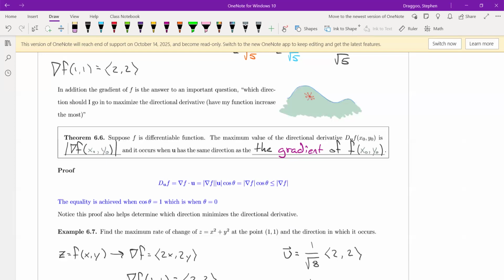And then if I'm attempting to maximize this value, I want cosine of theta to be equal to 1 because that's its maximum value, which means the angle between my direction and my gradient would be 0 radians or 0 degrees. It doesn't matter what unit system I'm in, I get 0 both times. So my directional derivative will be maximized when my direction and my gradient are parallel, when they go in the same direction.